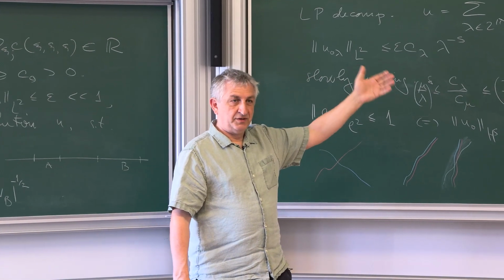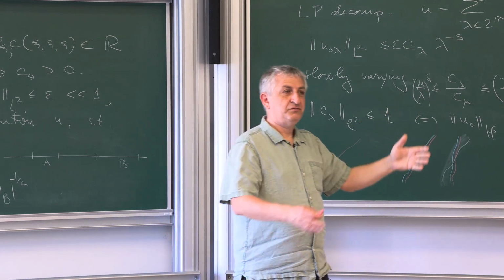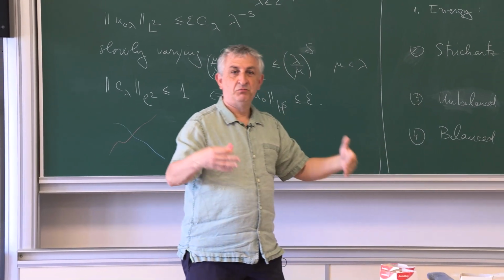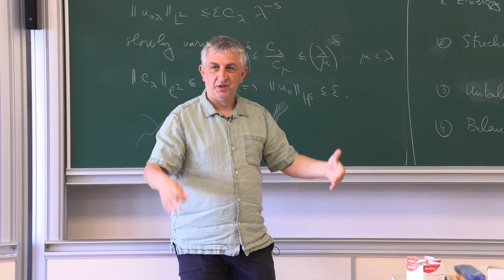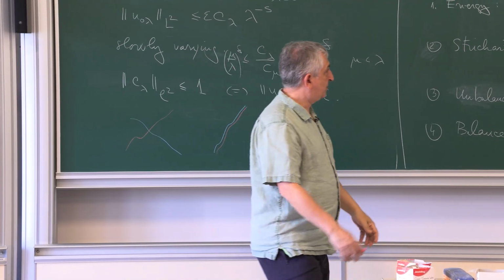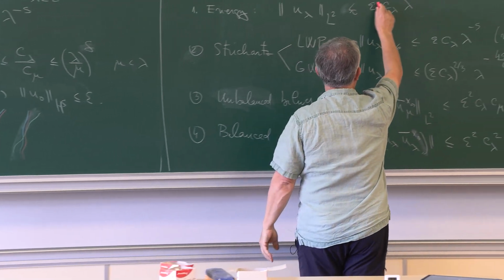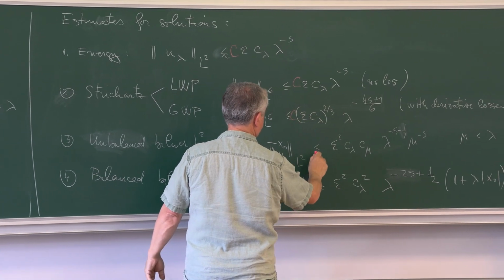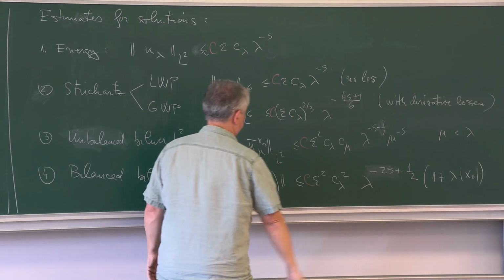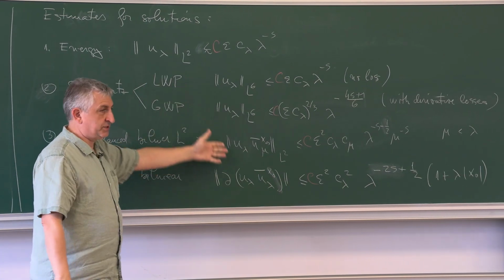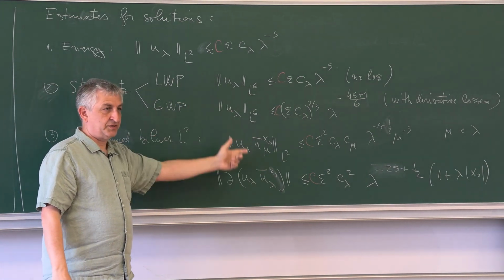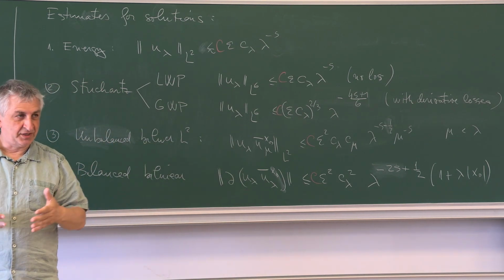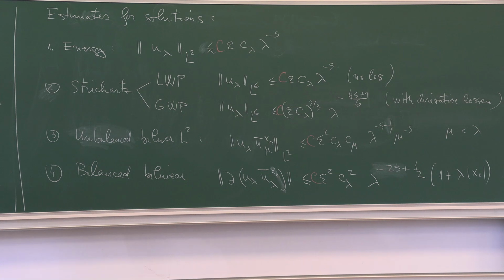But how do you prove all of this? Like you do for any genuinely nonlinear PDE, you put it all inside a big bootstrap argument. What does it mean to put it inside a big bootstrap argument? You put a large constant everywhere in here. You assume that these estimates hold with this constant, and then you want to prove that they hold without the constant, that you can improve them.